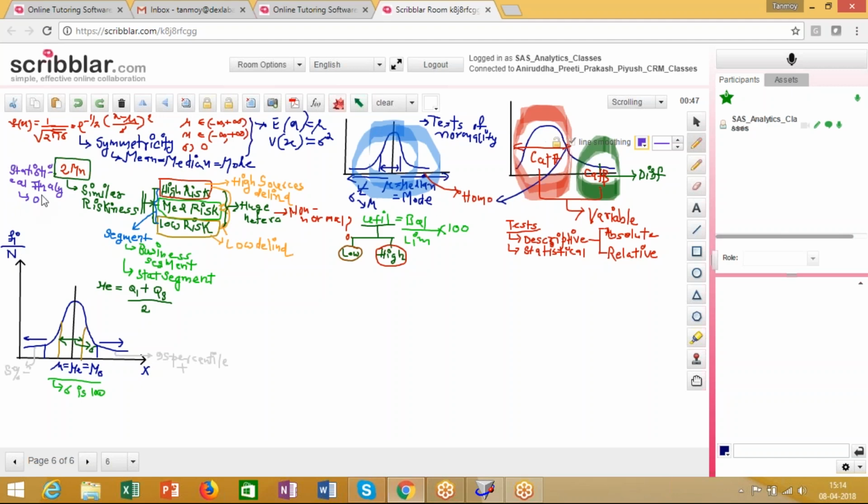One is known as an observed distribution, and the second that we have is known as an actual or theoretical distribution.